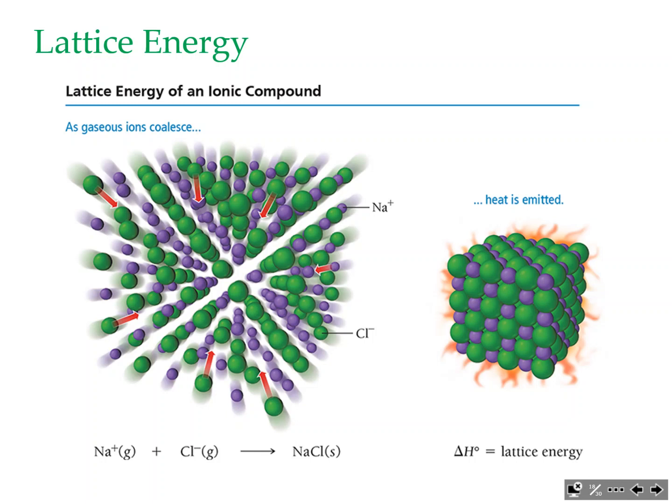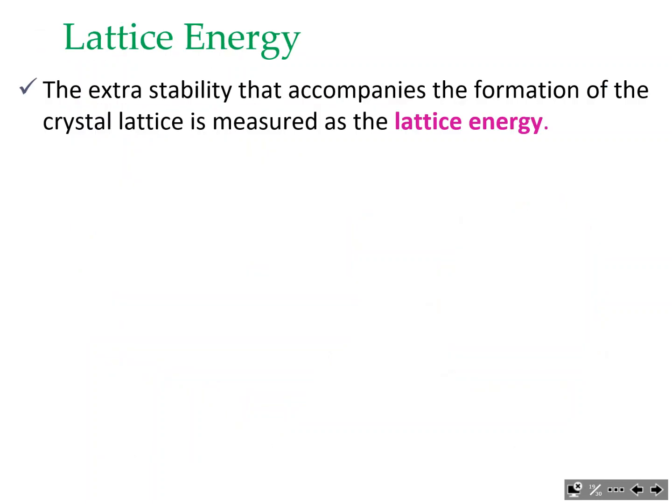Whereas we have the bond energies for the covalent on the table, here you're going to see the lattice energy. This is the energy that's released when the gaseous cation and the gaseous anion come together and form the bond. Forming is warming, so they release this huge amount of energy, and that's what is known as the lattice energy. Heat is emitted, forming is warming. We're going to go over that.